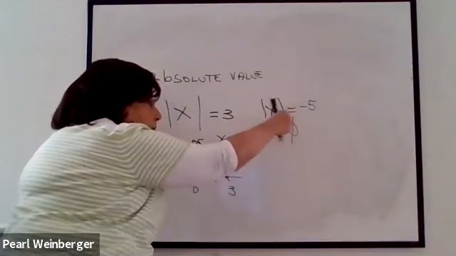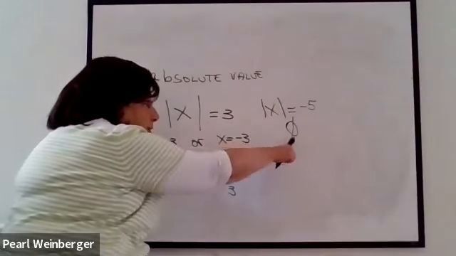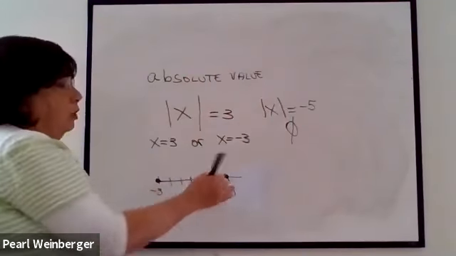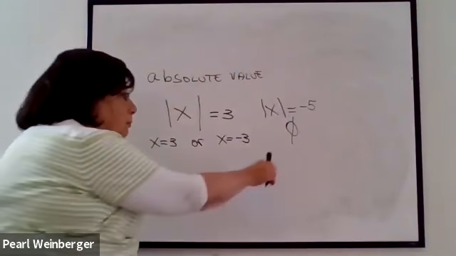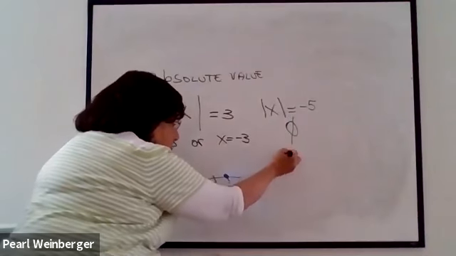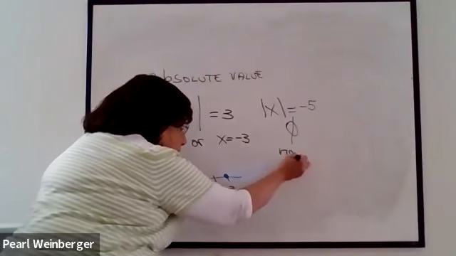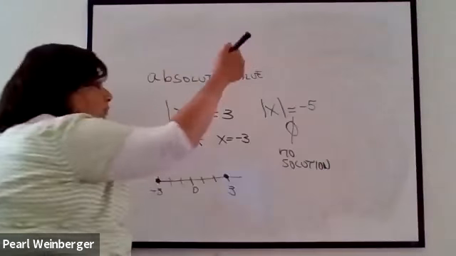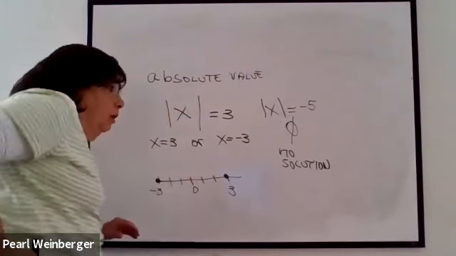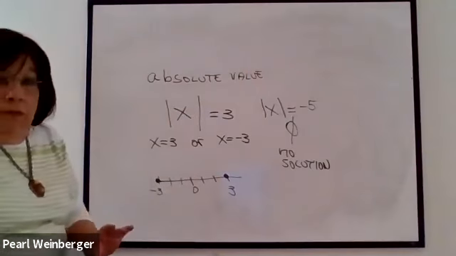You know this symbol, this is called the empty set or the null set. It means no solution. A 0 with a line crossing through it means no solution. You could just write no solution, because it's impossible for the absolute value to be a negative number.